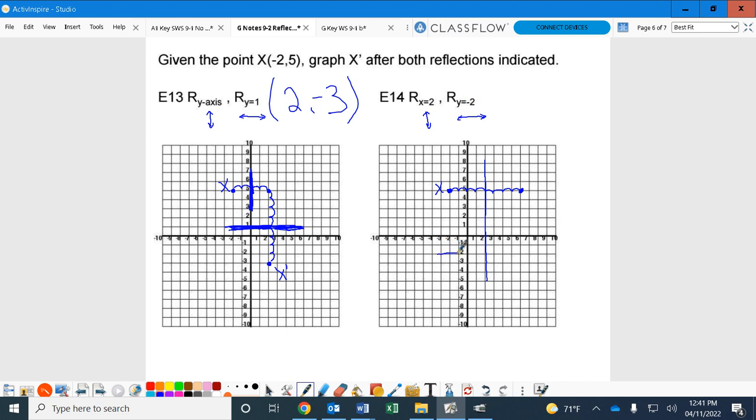Here's my horizontal line at -2. Now that's a lot further away, guys. That's 1, 2, 3, 4, 5, 6, 7 away from that line. So I've got to go down 7 more. It's way down here, guys. This is where I want to end up. That's my x prime.